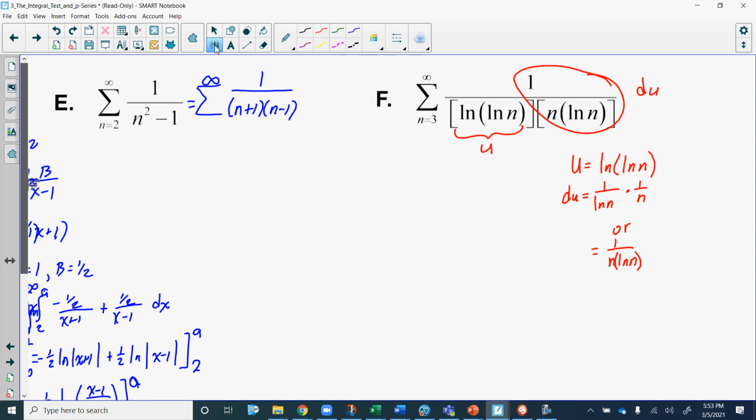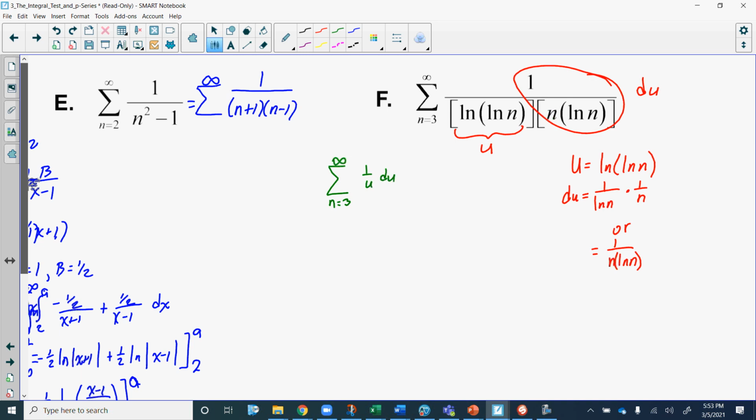So looking at the series, we're starting at 3, 3 to infinity. And here we have 1 over u du.